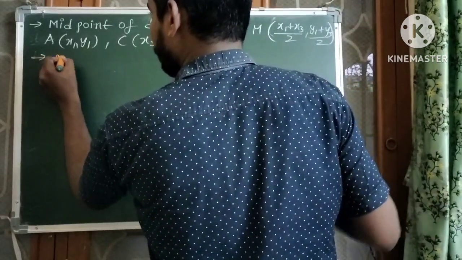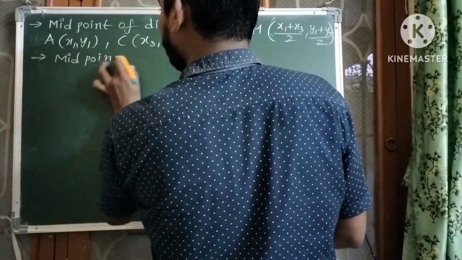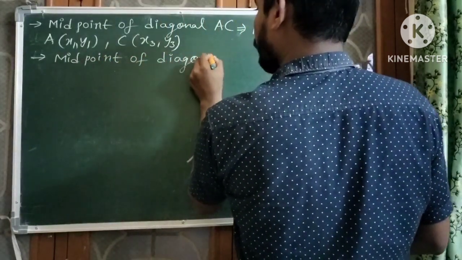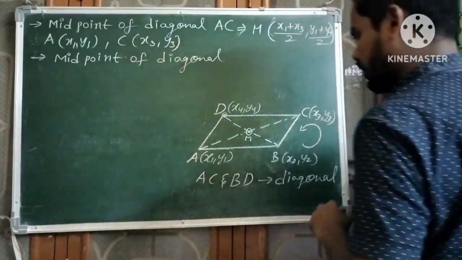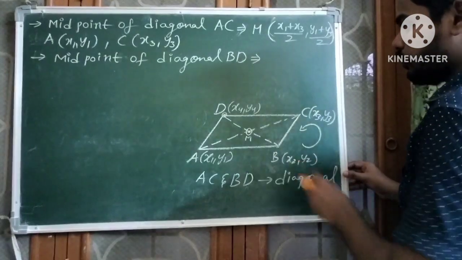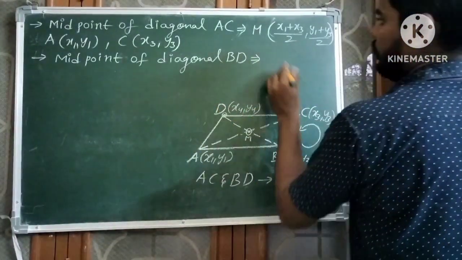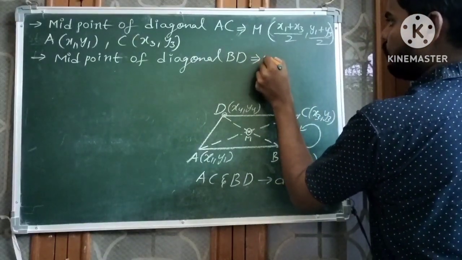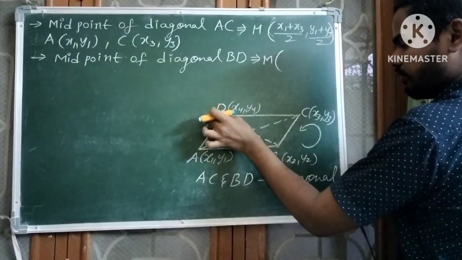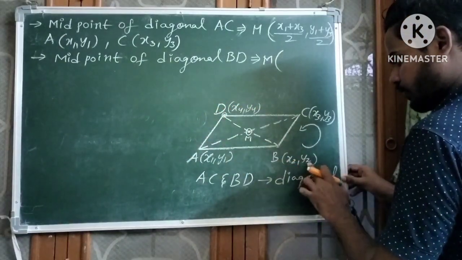Next, similarly, midpoint of diagonal BD. So M is also a midpoint of diagonal BD. So what are the coordinates here? Coordinates of vertex D is x4, y4. Coordinates of vertex B is x2, y2.